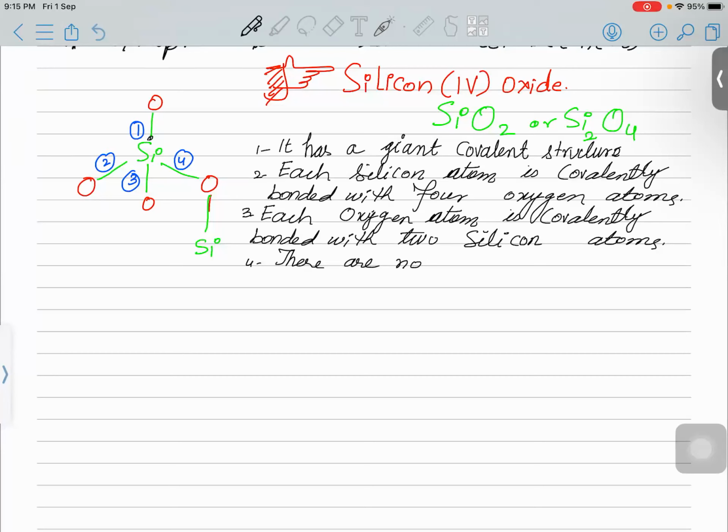You can count 1, 2, 3, 4. All electrons are utilized to make covalent bonds, so there are no free electrons.